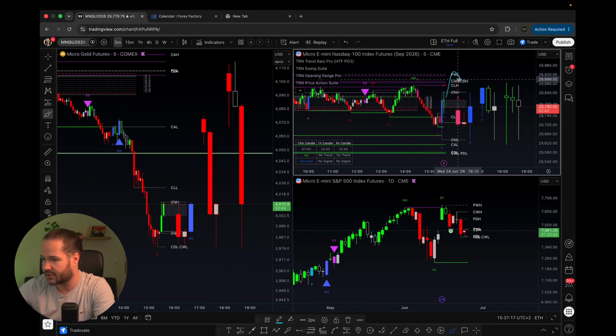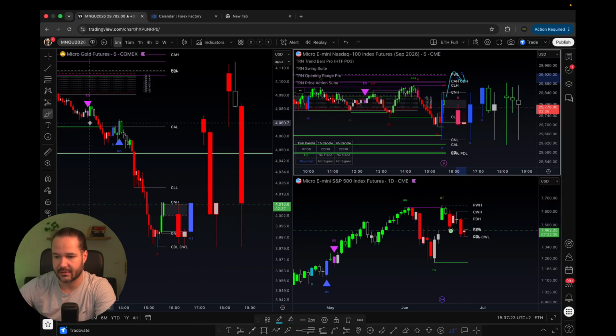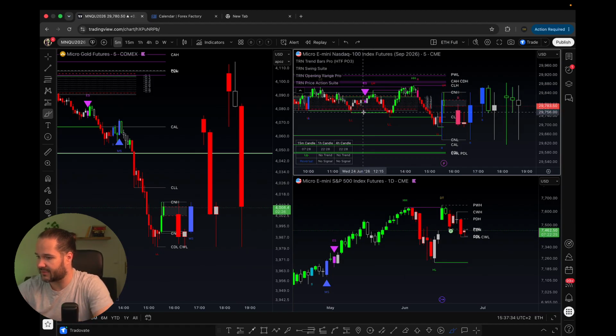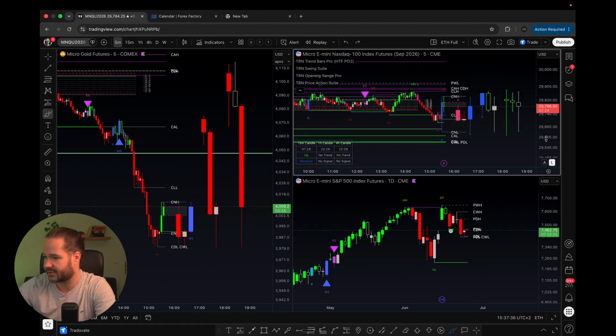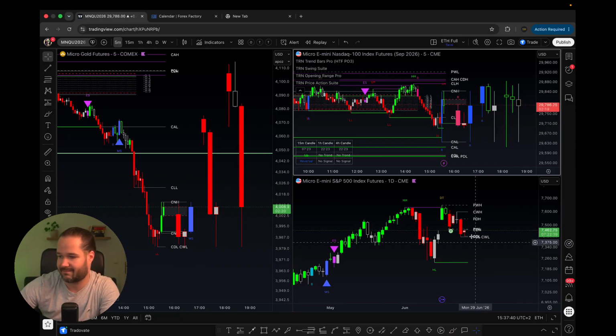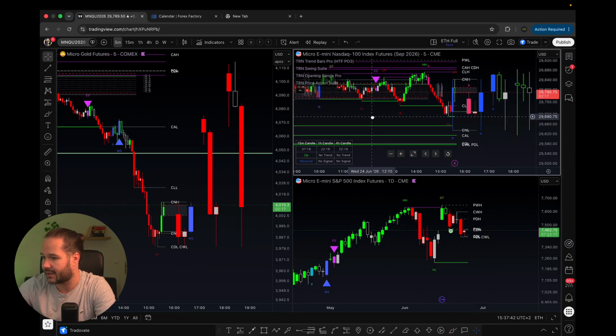So right now, we could do something like a little push, grab the liquidity here, and then print a bearish reversal, and then I would look for an entry signal. A signal like this one, for example, here on ES, or this one, an evening star. The Trend Bar Pro indicator finds these signals fully automatically for me, so I don't even have to check for these candlestick patterns as entry signals, because the indicator is way more accurate than I am.